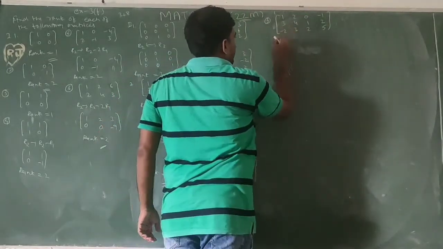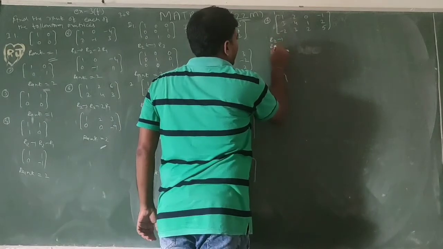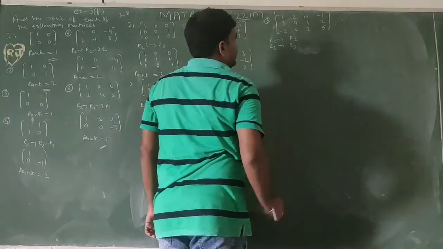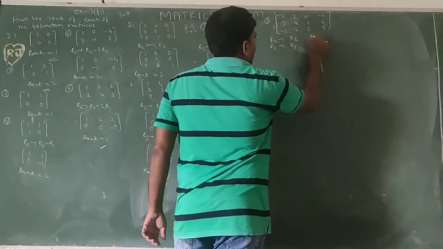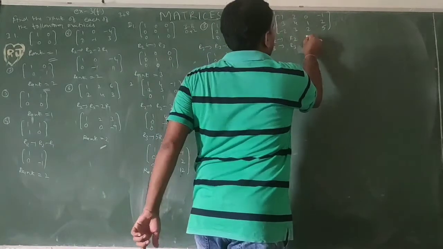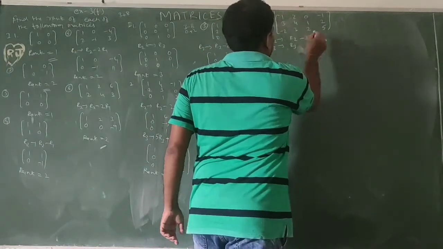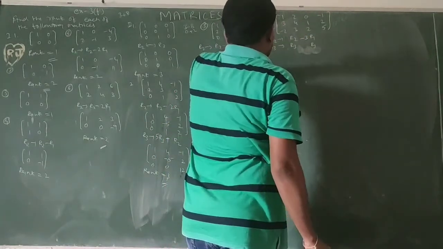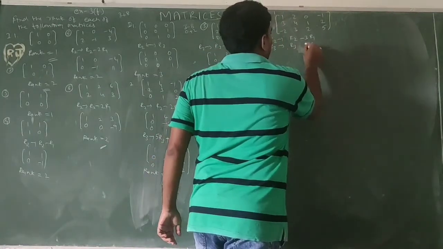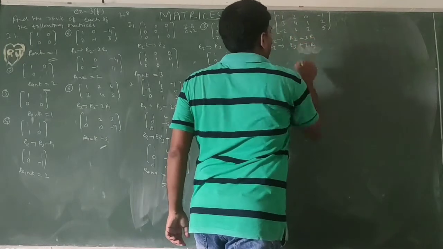First 3 minus 2, R2 R3. R2 changing R2 compulsory, R3 changing R3 compulsory with the help of R1. So since it is 3 1, balance 3. So same sign minus. For these two, this is 1 2 1, this is 2 1 2 right here, opposite sign yes.